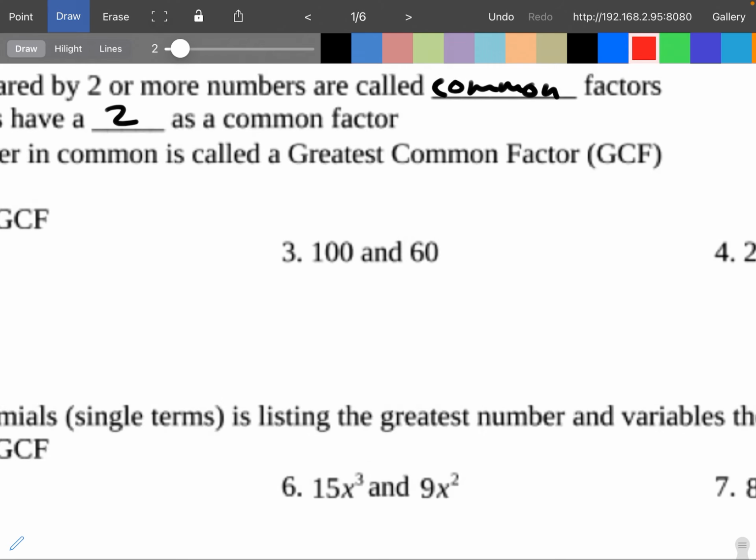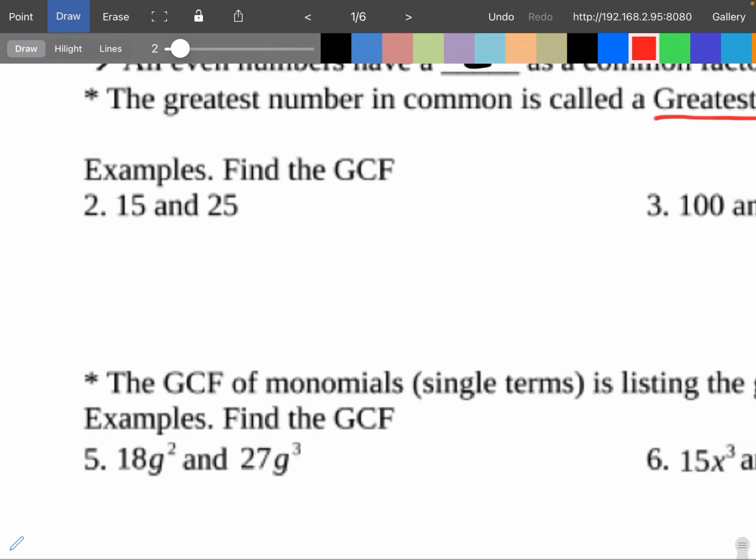Now we're going to talk about the greatest common factor. They call it the GCF. Listen, the greatest common factor is the largest number that divides evenly into both of the numbers.